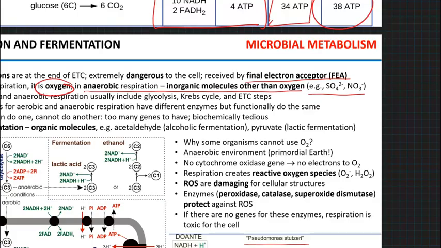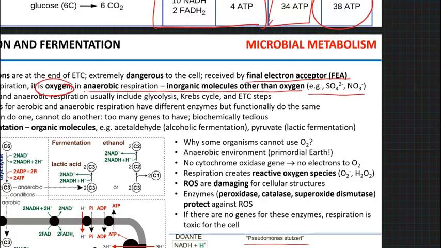Yes. Electron transport chain? Also yes, but it's different. So the difference is what's at the end. Does it make sense? The whole difference is what is at the end. It's the same old glycolysis and Krebs, but the electron transport chain is what's different.